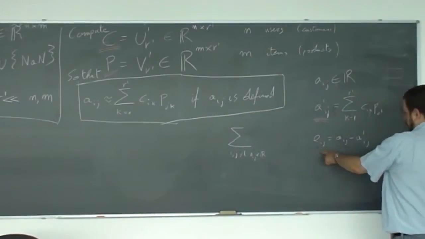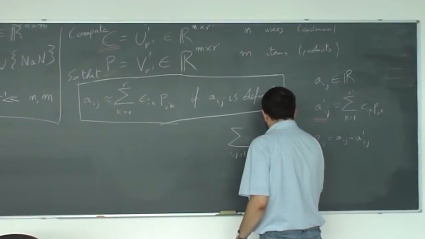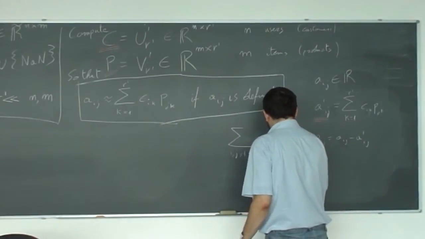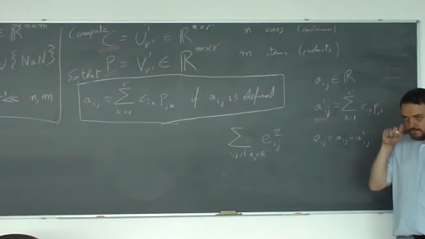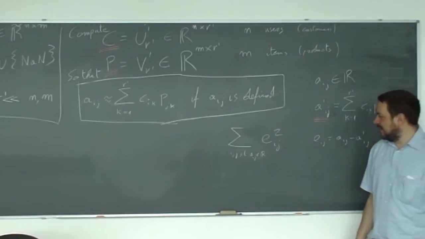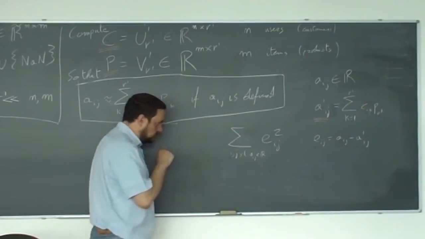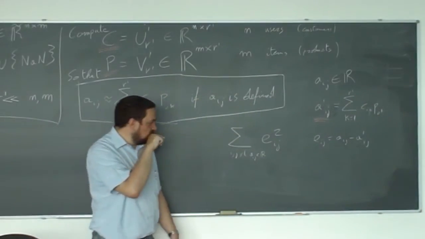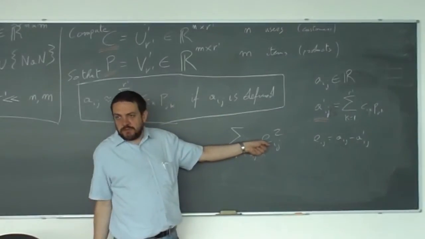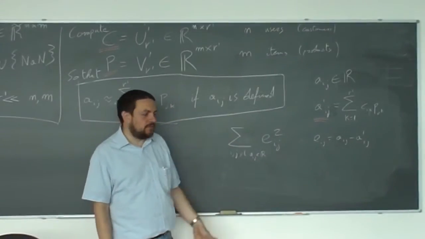We compute Eij squared, so we sum the squares of the errors so that the sign does not matter anymore.